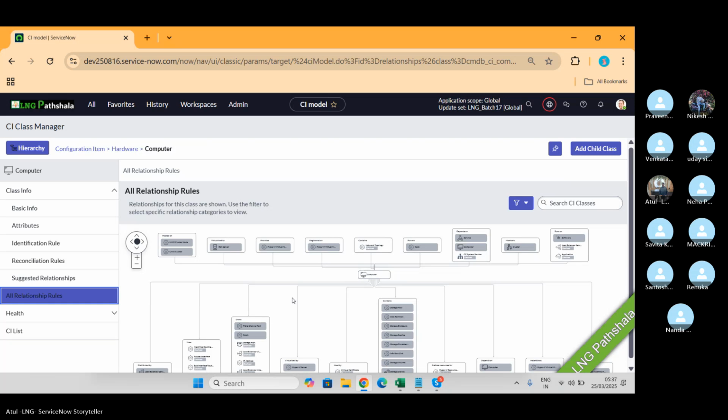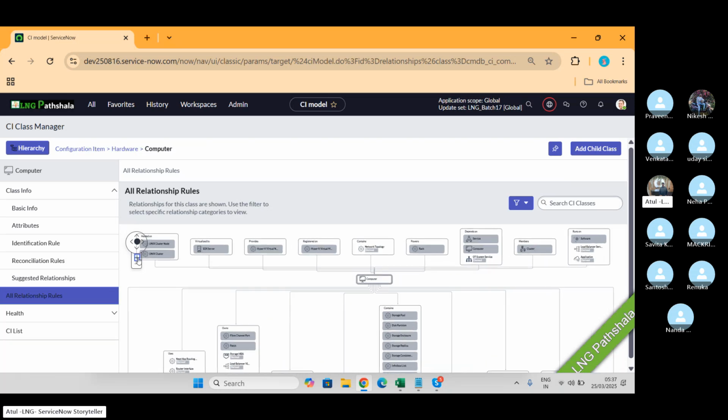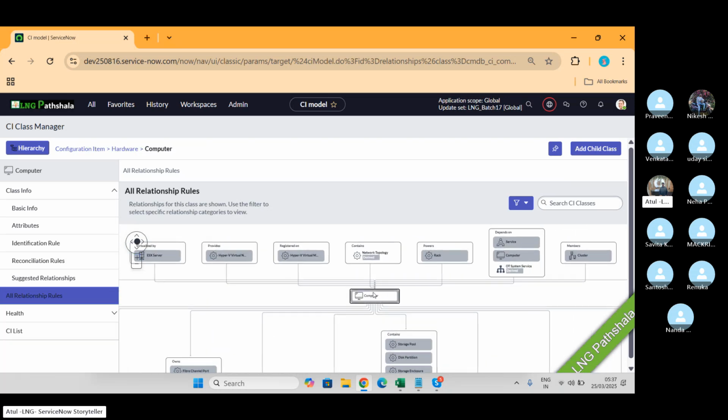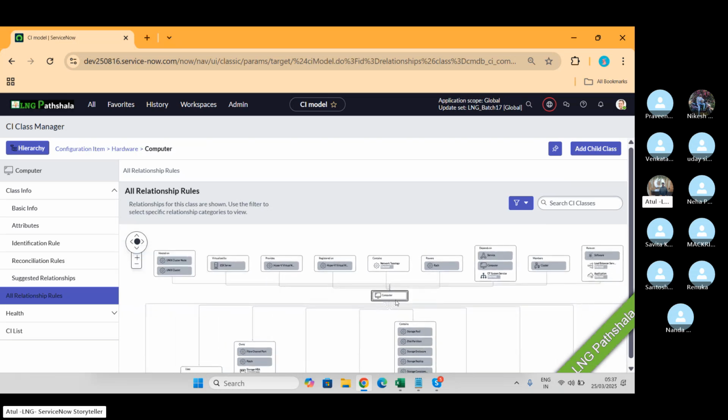When he becomes a father, and when that father becomes father-in-law, the relationship changes. One more relationship gets added. So if you see this picture, I'm sure that you're not able to see, but if you see this picture, a computer class has a relationship with different classes.